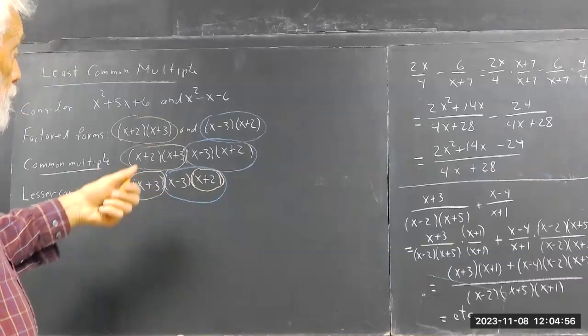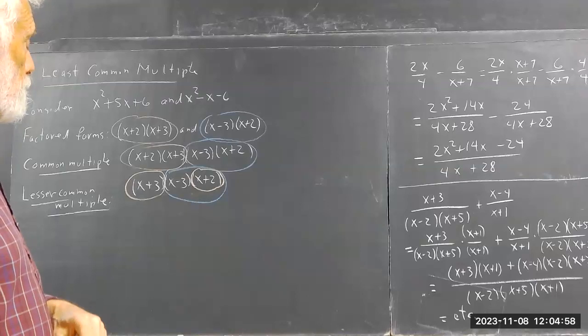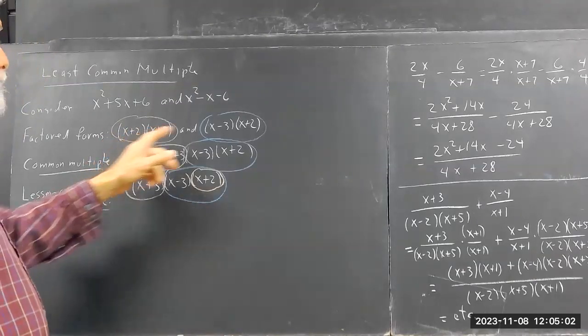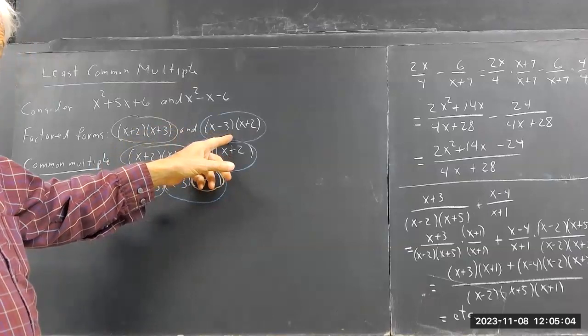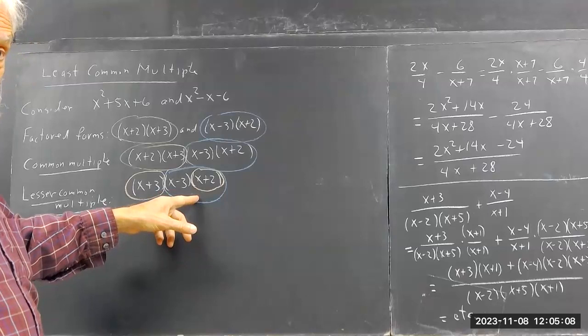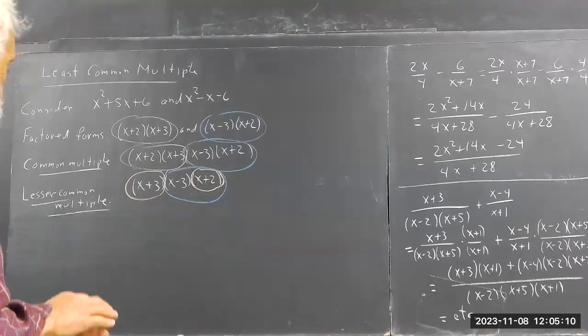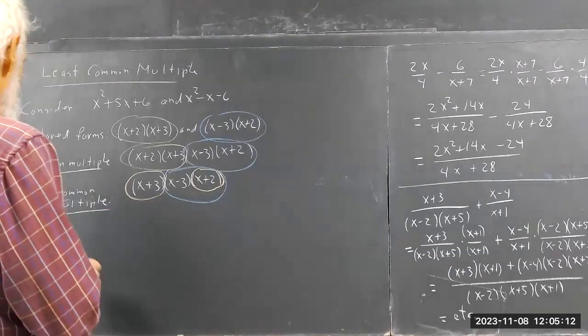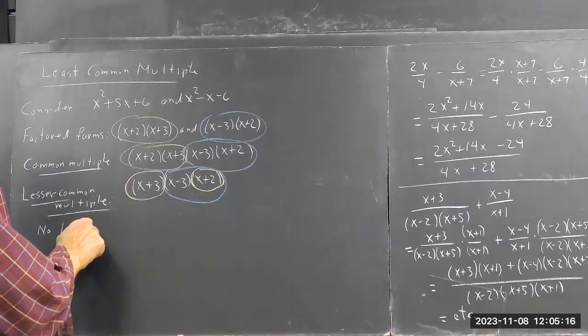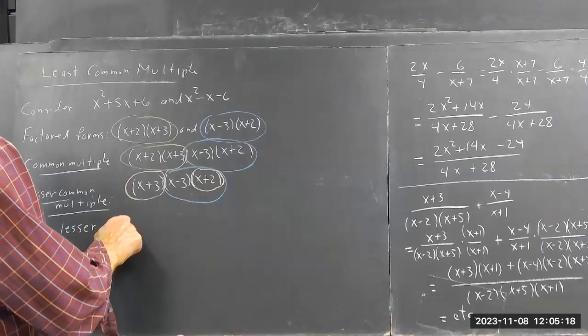So this is what we need. Now, these two don't have any more common terms. So we can't go any less than this. Okay. There's no lesser common multiple.